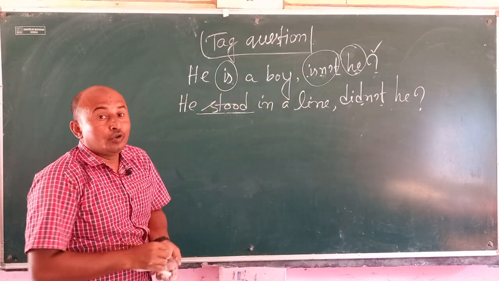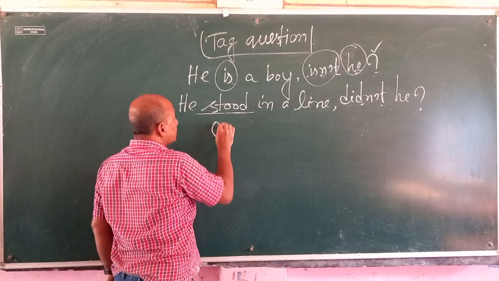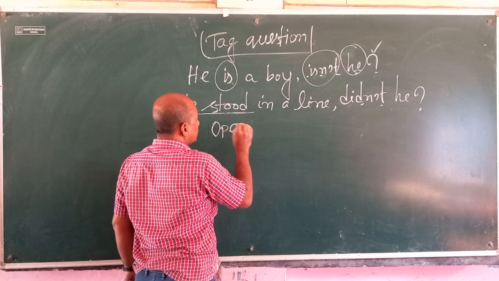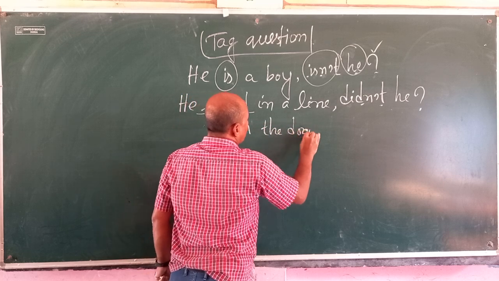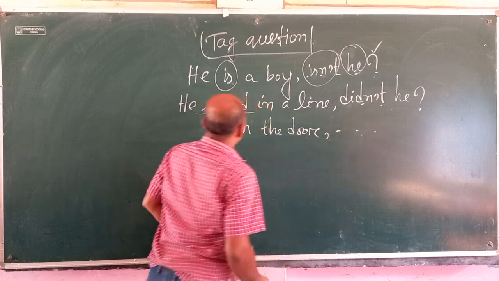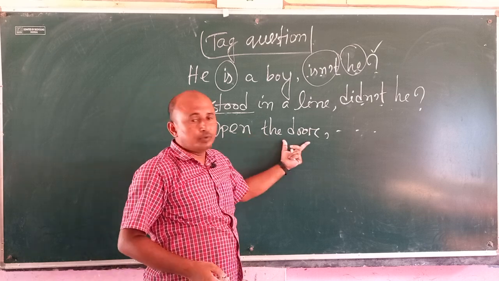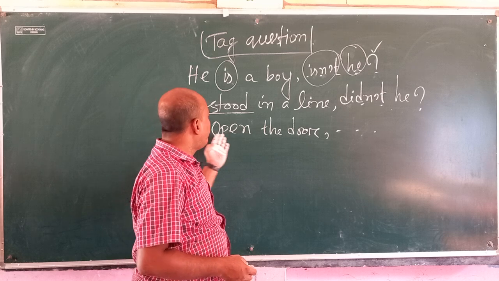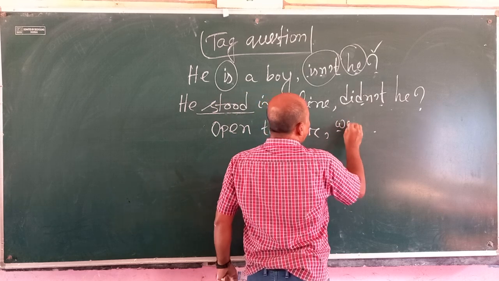There is another rule of tag question. If it is an imperative sentence, how can it be possible to write a tag question? Open the door. This is an example of an imperative sentence. When I see that open the door, I can write won't you.